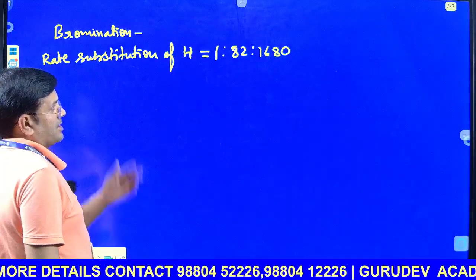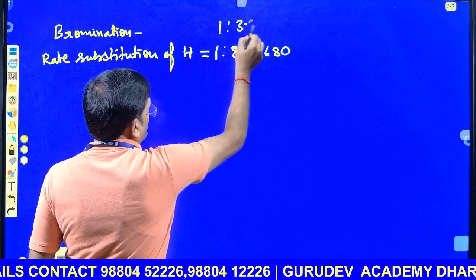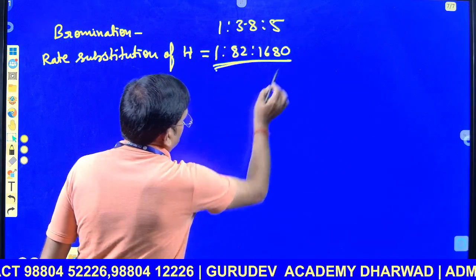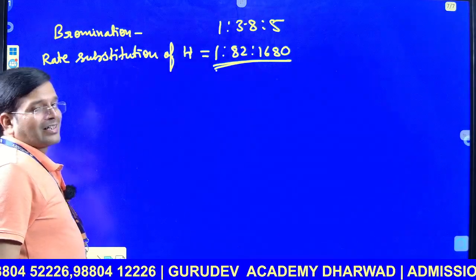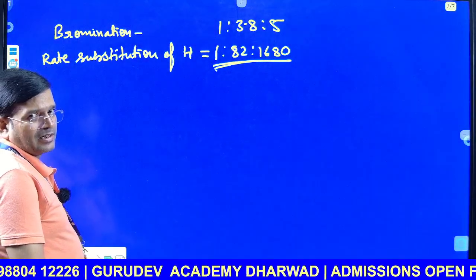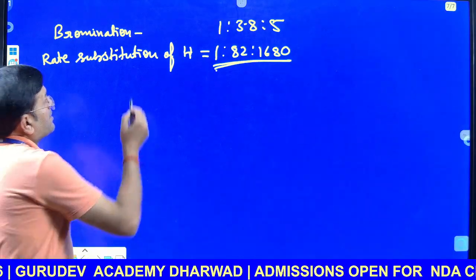Just see, in chlorination what you are having, 1 : 3.8 : 5, and see this data, it clearly suggests bromination is much faster than chlorination, right? And it seems to be so also, but not, my dear friend.